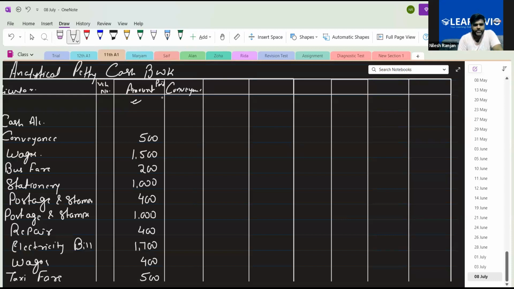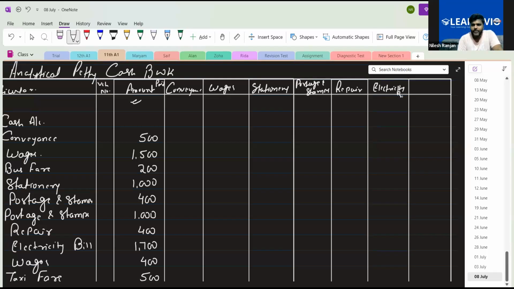Then the second is wages. We will write wages here. Third is bus fare. It is also part of conveyance. Stationery, so stationery here. Then postage and stamps. After that, repair, electricity bill.